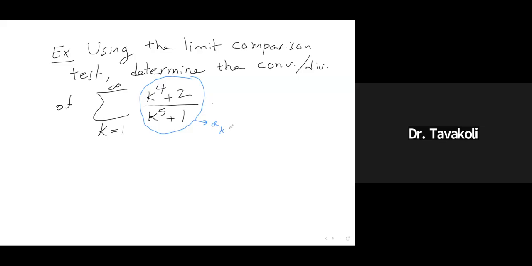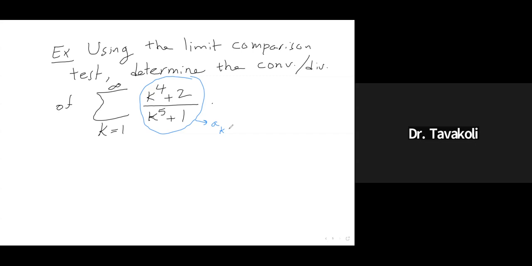What series do you consider to compare limit-wise with this series? Since we are comparing the ratio of the two series, we should focus on the degrees of the top and the bottom of the general term. On the top, the degree is 4, at the bottom, the degree is 5. So the difference of the degrees is 1.